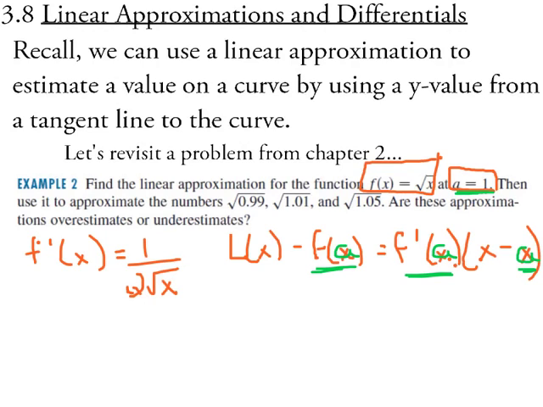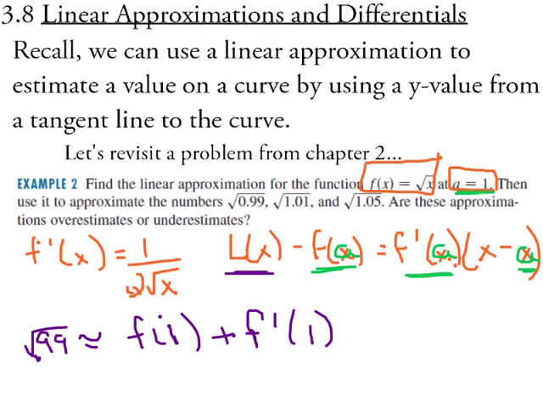And then, so for instance, in this particular problem, I can say that the square root of 0.99, approximately equals, and so that's this thing right here, is approximately equal to f of 1 plus f prime of 1 times 0.99 minus 1.